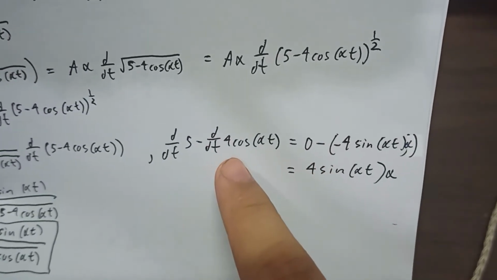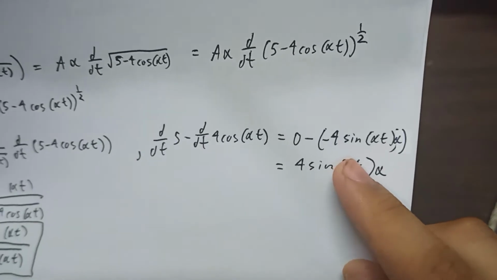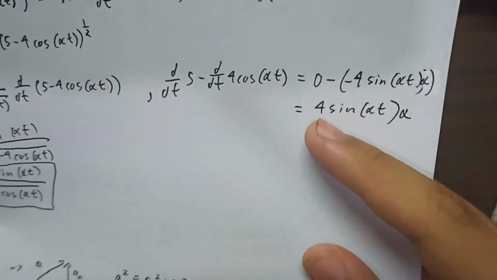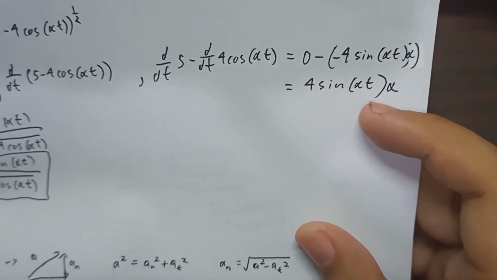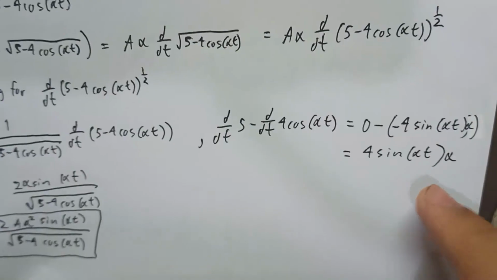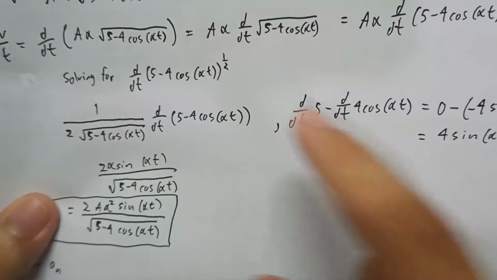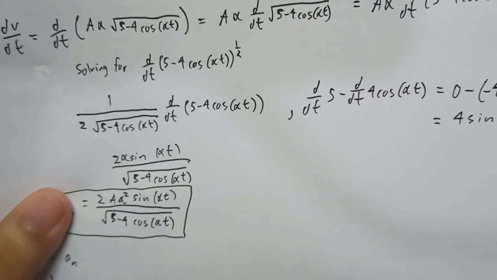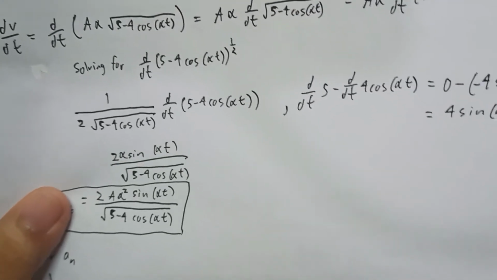And the derivative of 4 cosine alpha t with respect to t is negative 4 sine alpha t times alpha, which gives us 4 sine alpha t times alpha. And after this, we get the answer for the derivative of (5 minus 4 cosine of alpha t) raised to 1/2 to be 2 alpha sine alpha t all over square root of 5 minus 4 cosine alpha t.